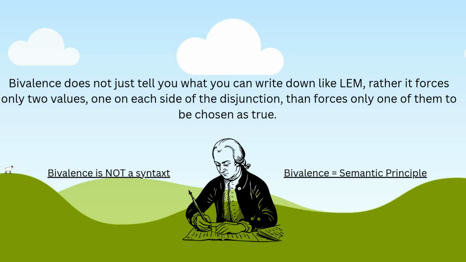The law of excluded middle simply tells you what you are allowed to write down as an axiom to further derive formulas for the proof system. But bivalence forces you to enter into each side of the disjunction those two values, true and false.